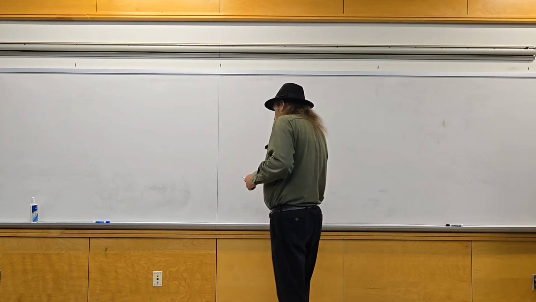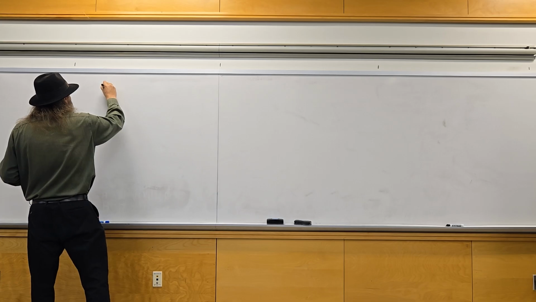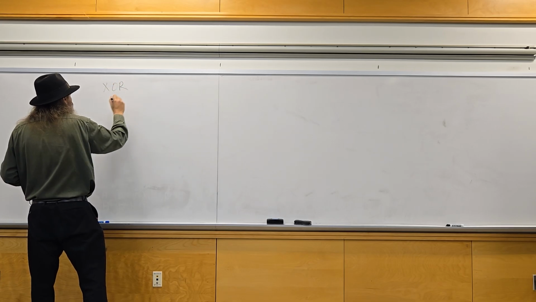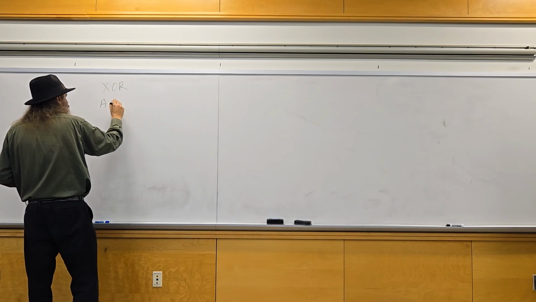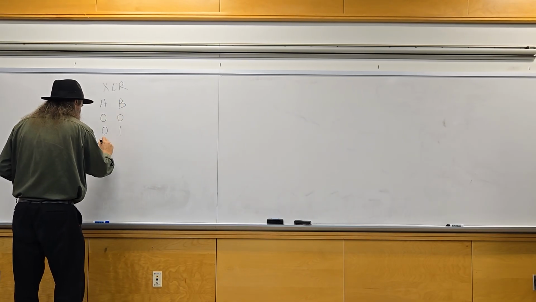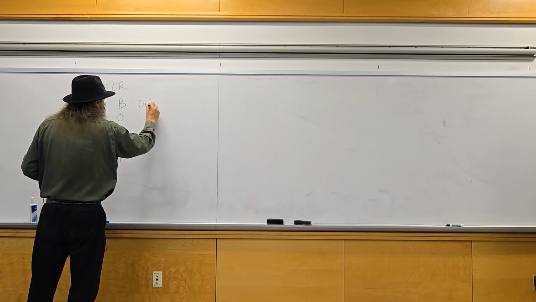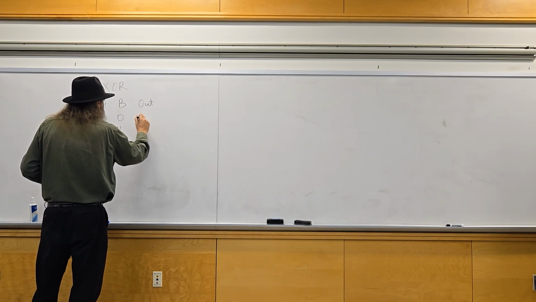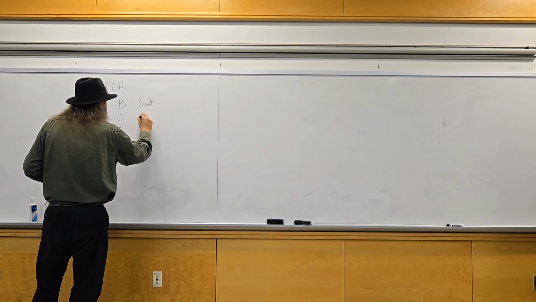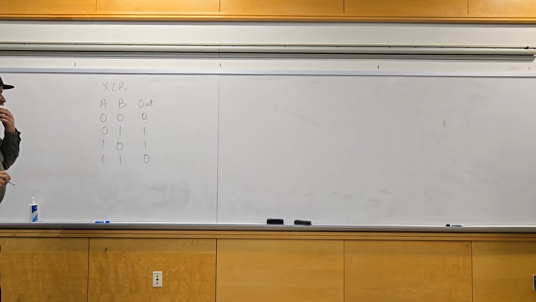So the state table for the XOR is like so. Now, there are several different ways that this can be done.